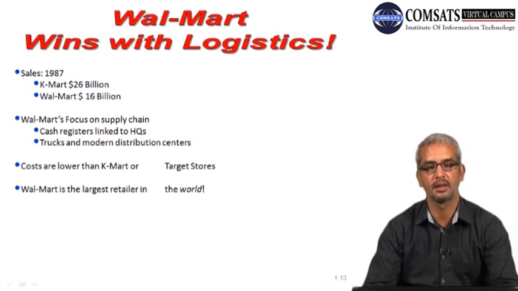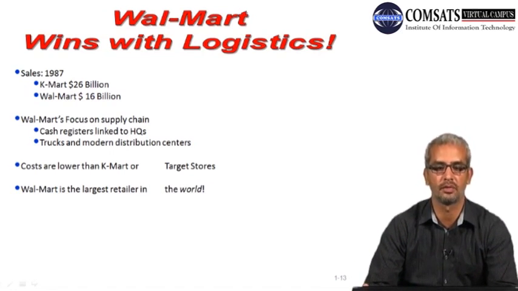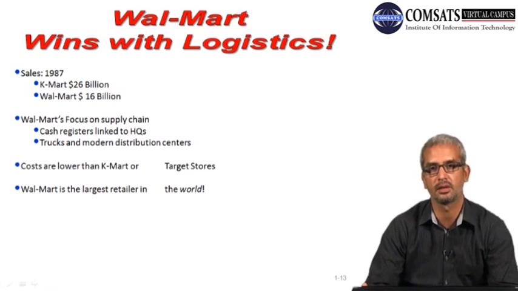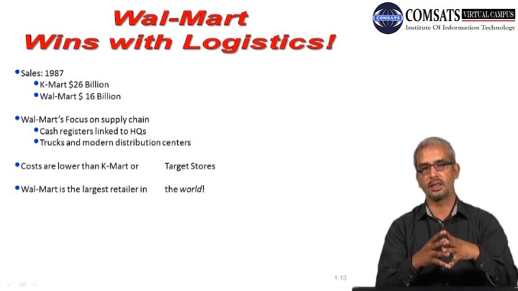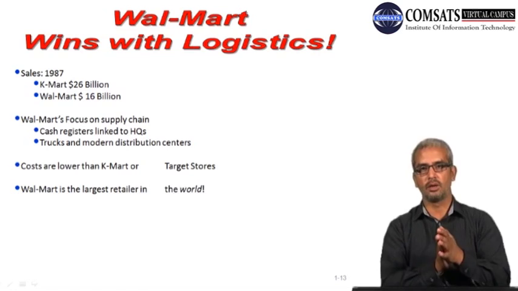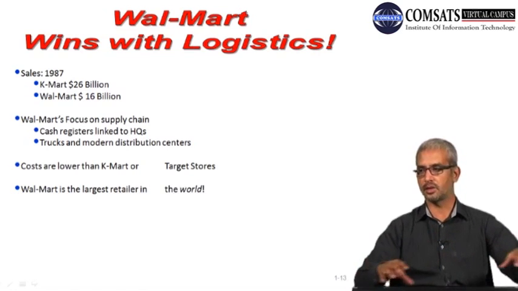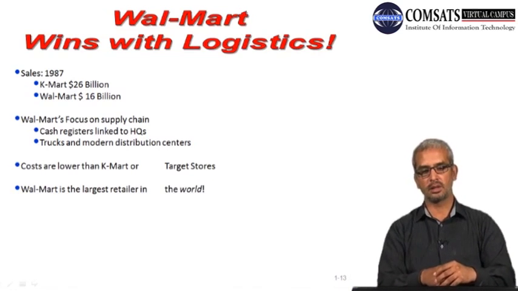Now in 1987, Kmart had 26 billion of sales, and Walmart had $16 billion of sales. Kmart was located in the city, in the urban regions, while Walmart was located in rural areas, on the highways and in different locations.